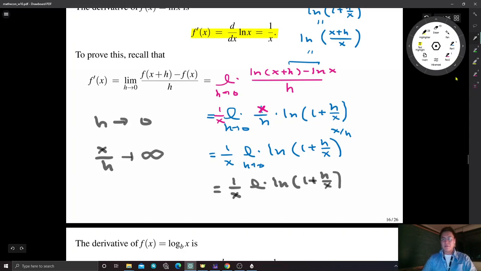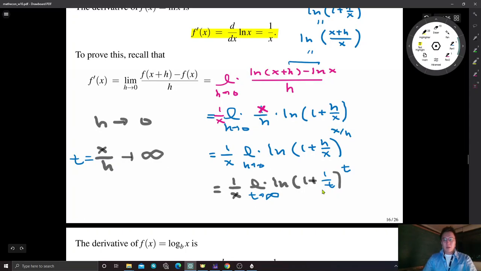So let me relabel x over h by, say, t. Then h over x is 1 over t, and the power x over h is t itself, and then we take the limit as t goes to infinity. Once again, this limit is the same as this limit.